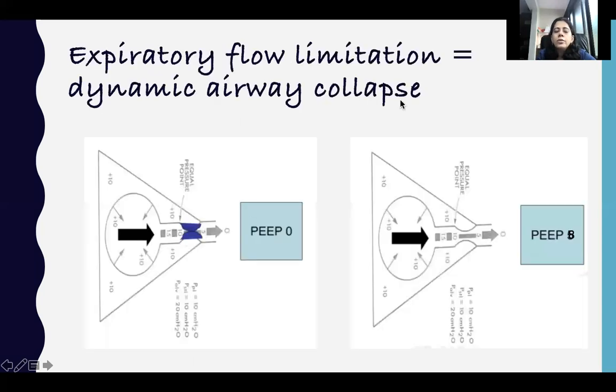When you see these two figures, here we are trying to show one alveolus. This alveolus has air trapping inside, but in the airway, if you can see, there is a complete obstruction. This is similar to what I told you when I showed you the figure of 4 alveoli, wherein one alveolus was completely closed.